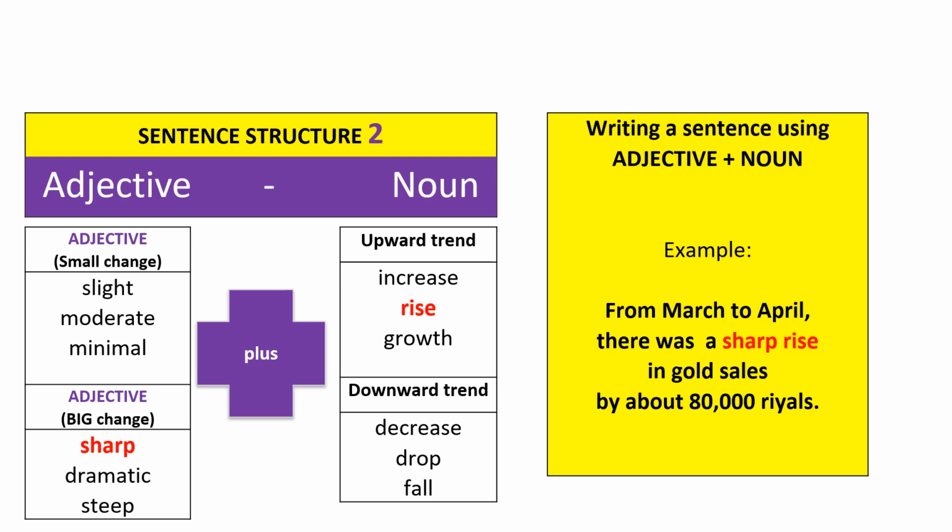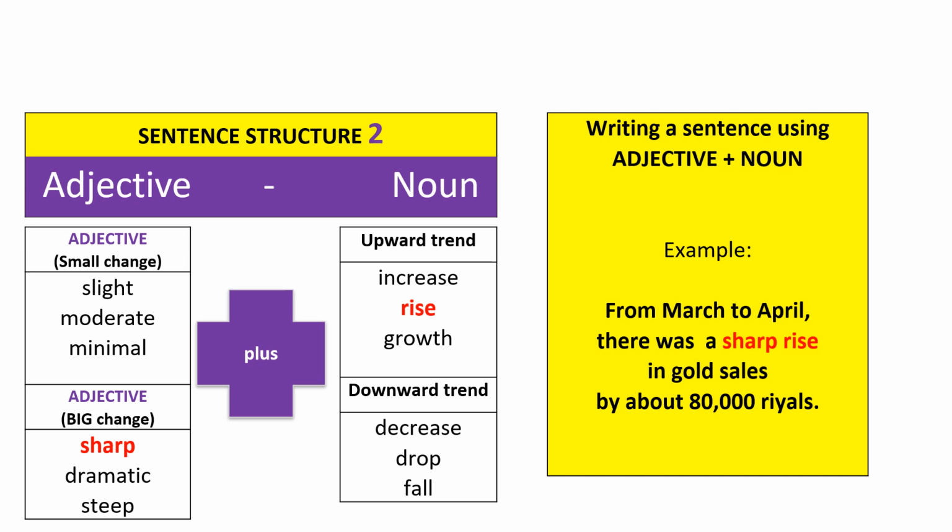The sentence is, from March to April, there was a sharp rise in gold sales by about 80,000 reals. In this sentence, sharp rise is used, that is adjective and noun combination. Please understand that you can also use this sentence structure in describing graph.